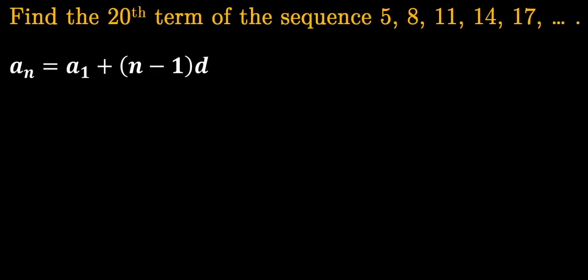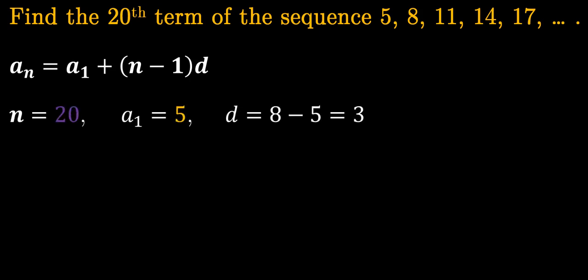Let us say here, find the 20th term of the sequence 5, 8, 11, 14, 17, and so on. So a sub n is equal to a sub 1 plus n minus 1 times d. That is our formula, or general term, of an arithmetic sequence. Let's find the values needed. Our n is 20 because we are looking for the 20th term. Our a sub 1 is 5 because our first term is 5.